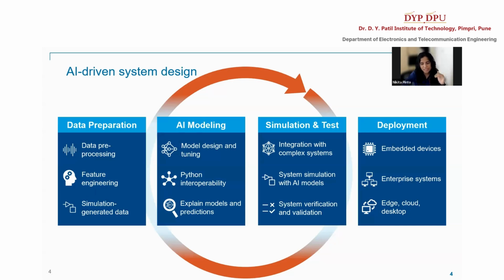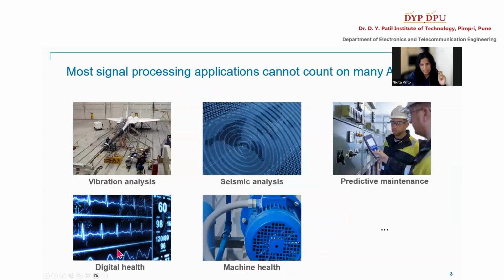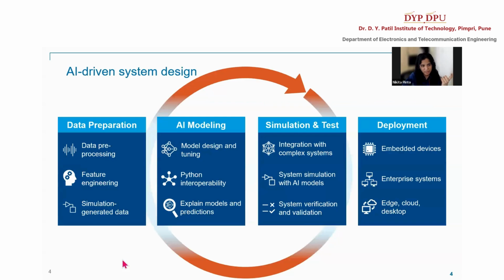And in some cases, like let's take predictive maintenance, for example, right? I have a car and I want to know when my car is going to fail. I want that AI model that predicts failure. I cannot sit and wait for my car to fail 1000 times in order to collect this data and then build my AI model, right? What I want to do instead is to simulate some data.